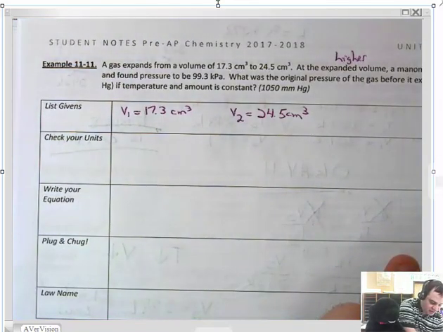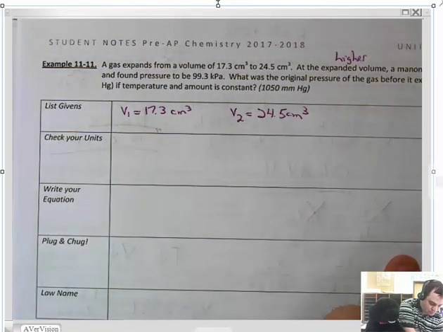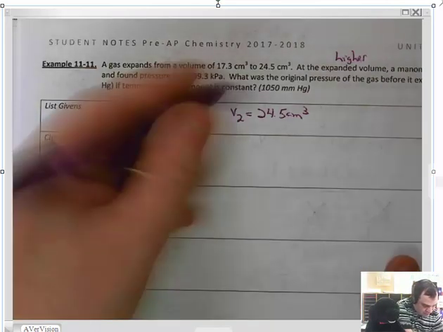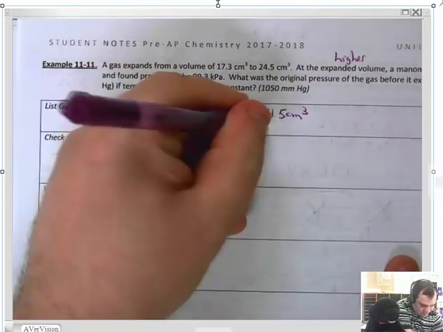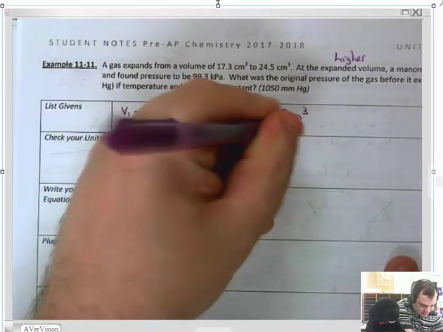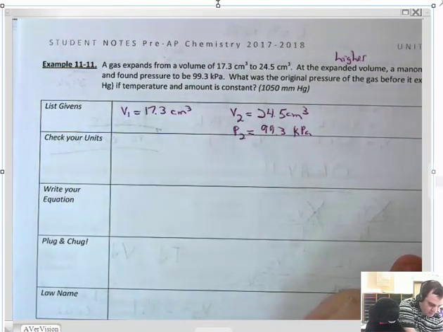A manometer was used, that's how you measure pressure in the lab, and the pressure was found to be 99.3 kilopascals. So P2 here is 99.3 kilopascals. What was the original pressure of the gas before it expanded in millimeters of mercury?